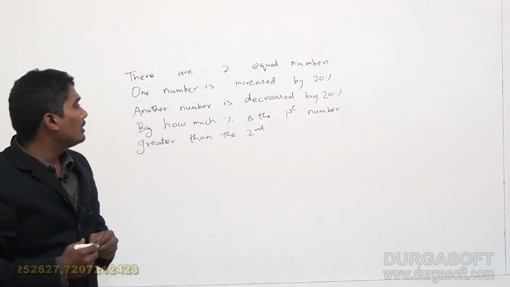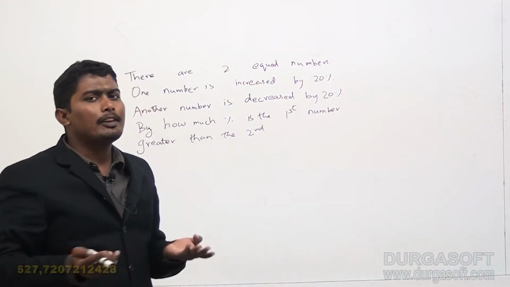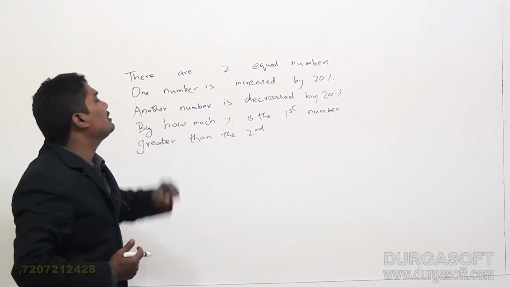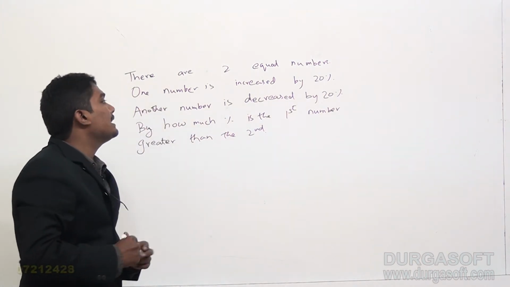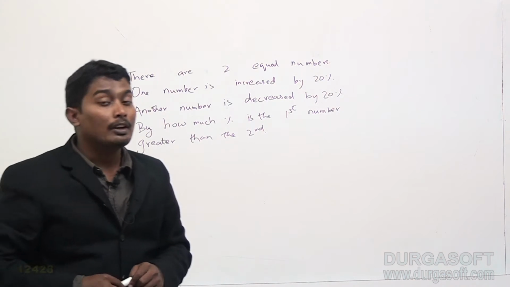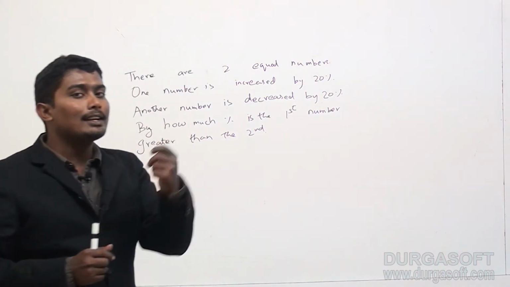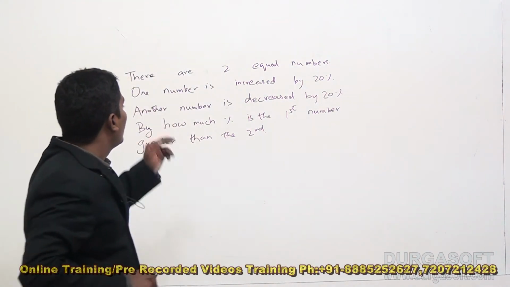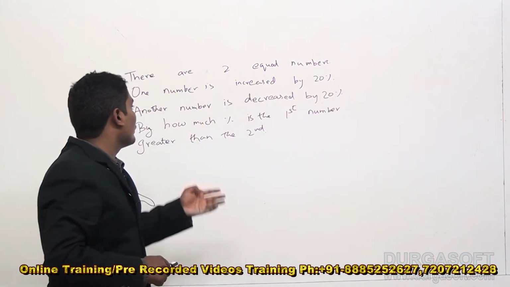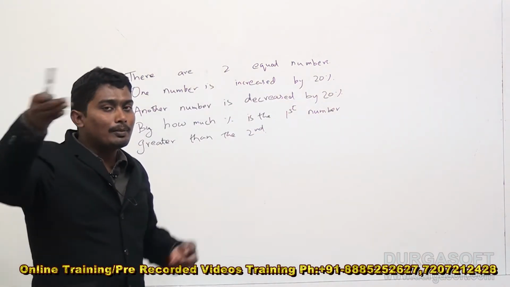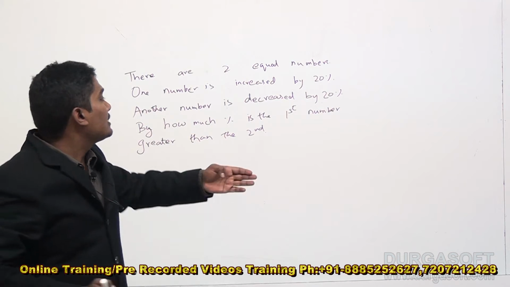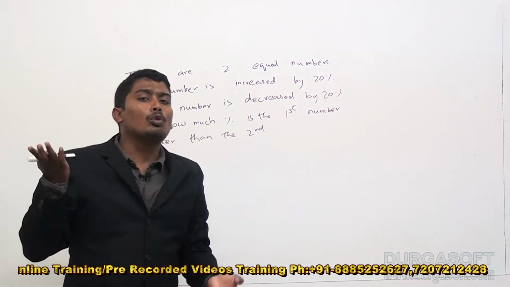You see here there are two numbers, both are the same numbers. One number is increased by 20%, another number is decreased by 20%. Now the numbers can be anything, they did not exactly say what the numbers are. Now the first number was increased by 20%, the second number is decreased by 20%, so they are no longer the same.